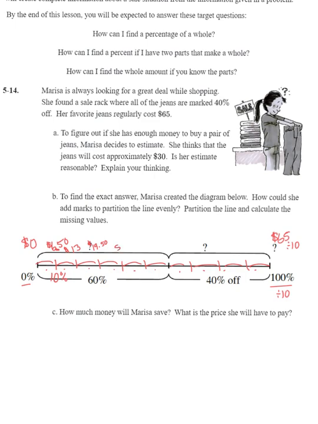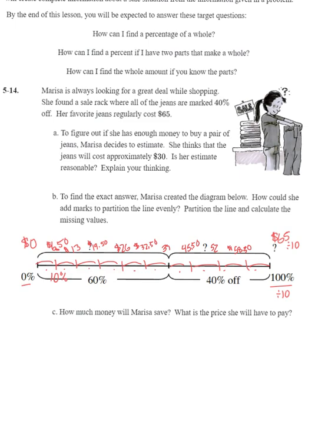This is $26. This would be $32.50. $39. This would be $45.50. This would be $52. This would be $58.50. And then 100% would be $65.